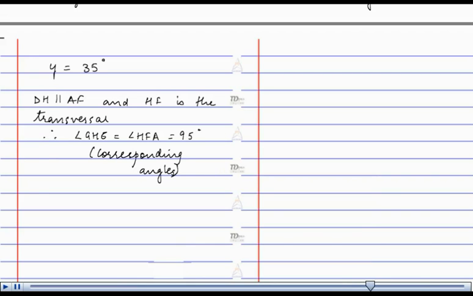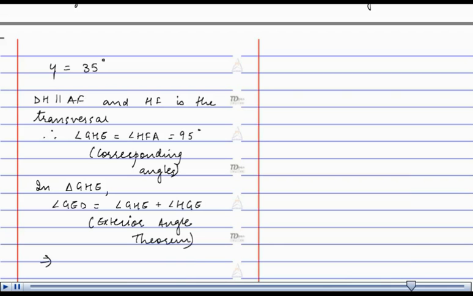Now consider triangle GHE. We have angle GED is equal to angle GHE plus angle HGE. This we get from the exterior angle theorem.